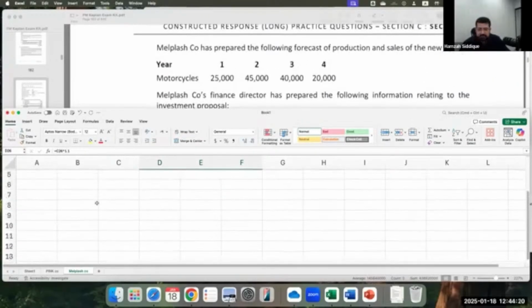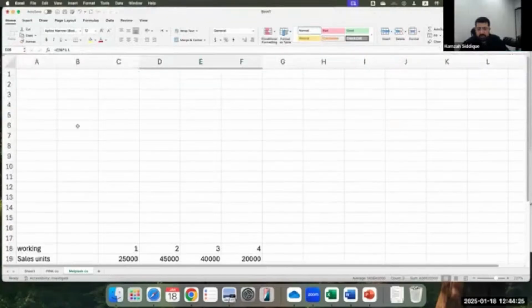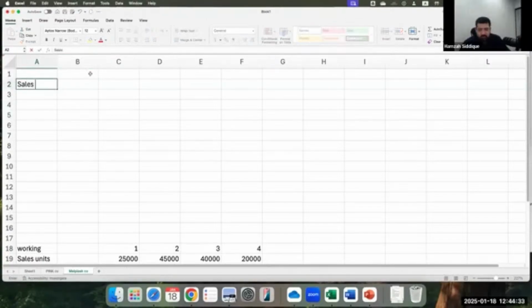So simply we will be putting all the figures here in the proforma. Sales years 1, 2, 3, and 4.